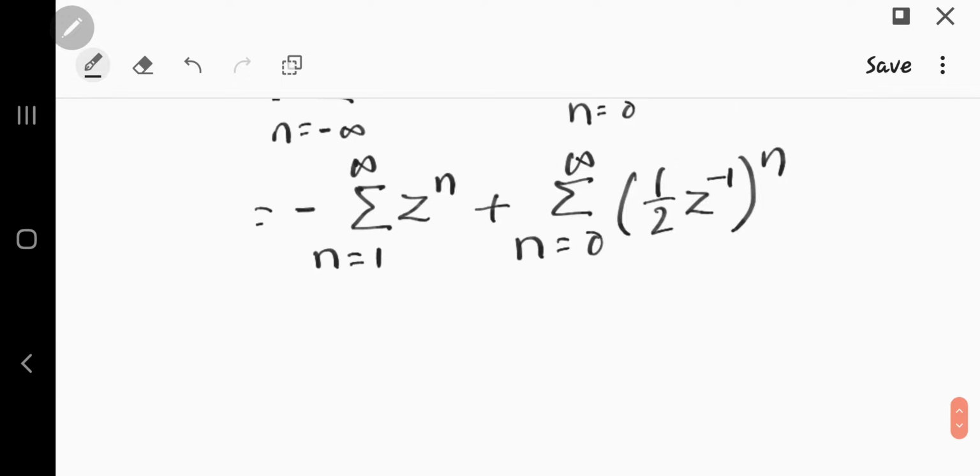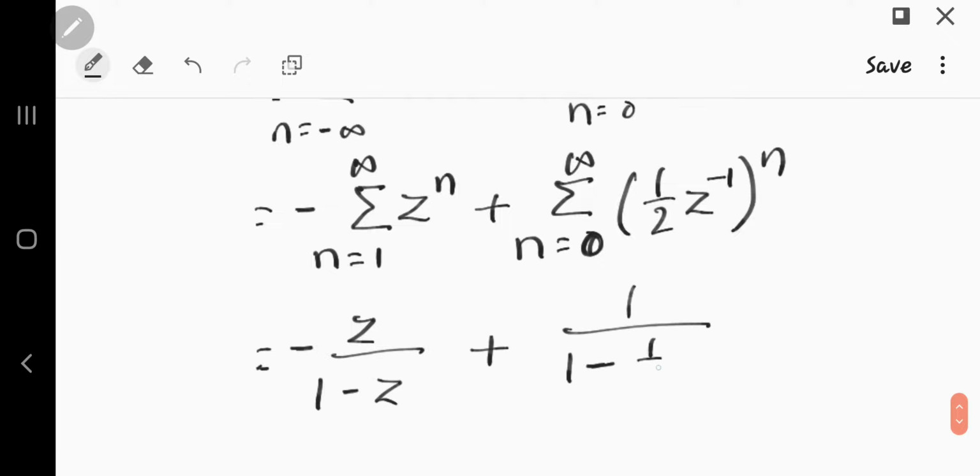Now applying geometric series, this one is from 1 to infinity and this one is from 0 to infinity. So that's why this will become minus z divided by 1 minus z plus 1 divided by 1 minus 1 by 2 z inverse.